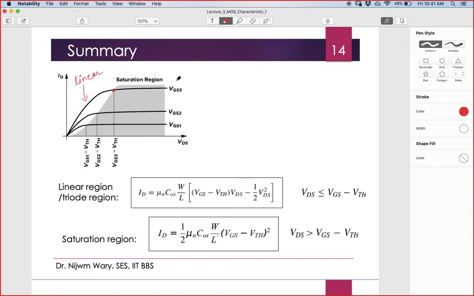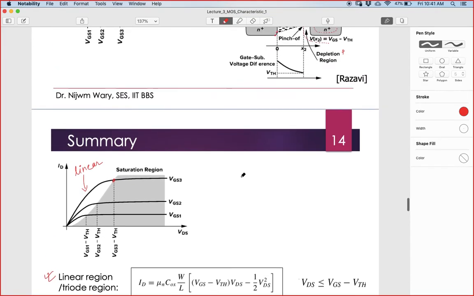Okay, so basically I have got these two equations. Now we'll come to an important point. If you observe here, this is L dash, not L. Why is it L dash?